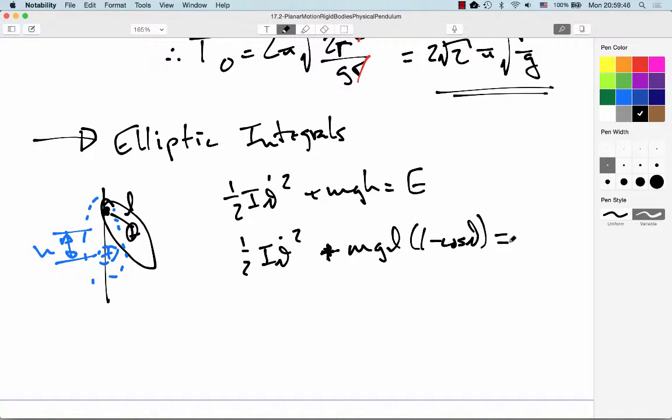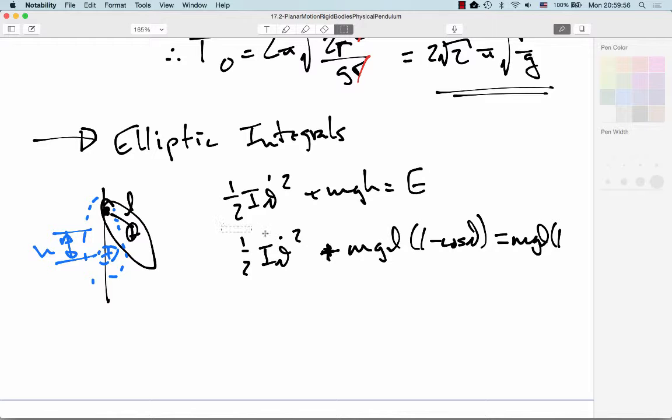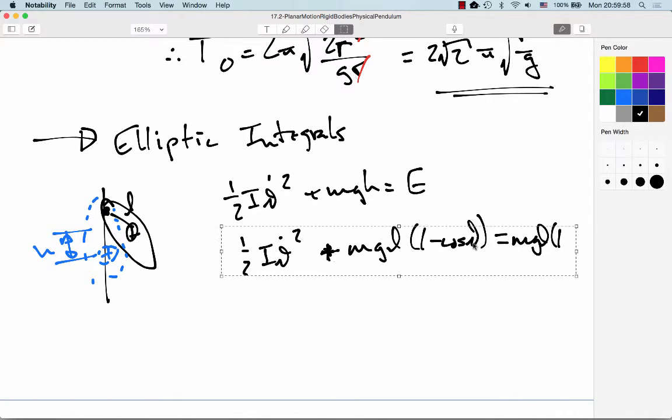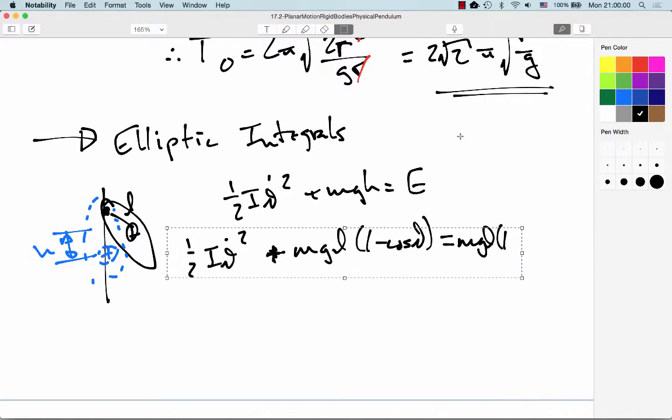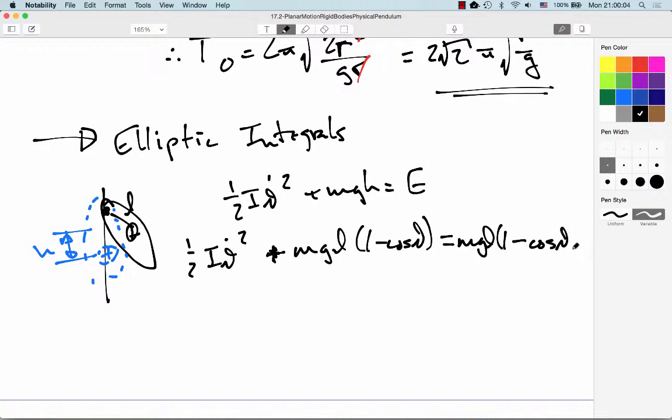And we can get our total mechanical energy by looking at the point of maximum swing. That'd be mgl times 1 minus cos theta naught. All right.